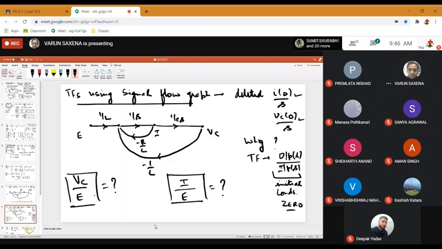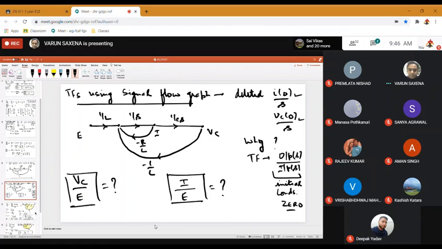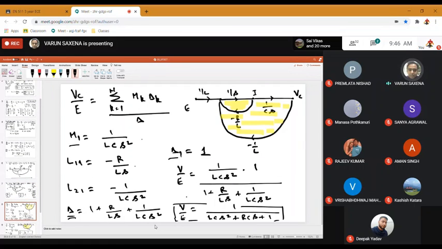And the task was to evaluate these. So we went ahead and we evaluated these quantities, and this formula is called the Mason gain formula.